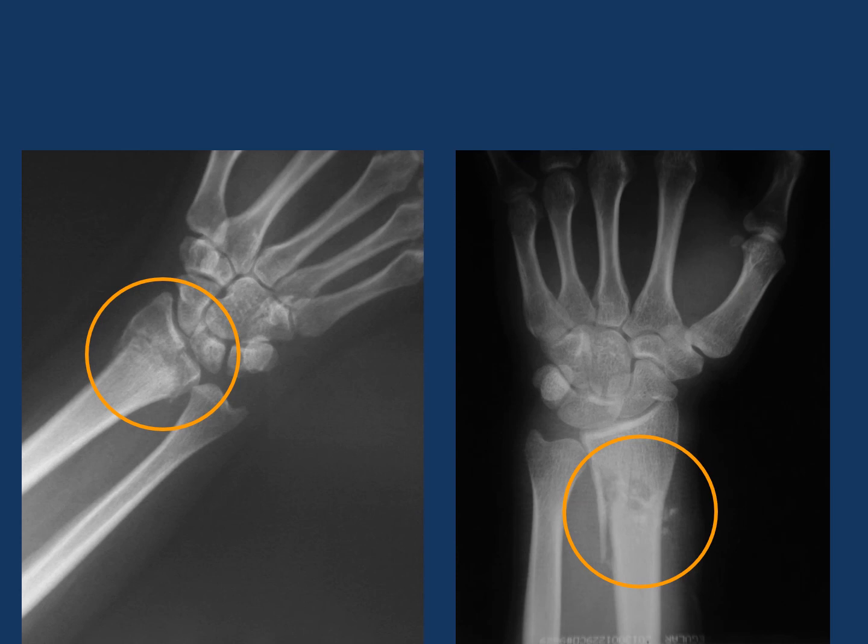We also would like to use two views. One in the frontal projection and a lateral view. Sometimes we will not be able to identify fractures in the frontal projection, but we may see it either in the lateral or oblique views.